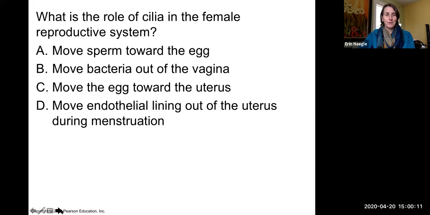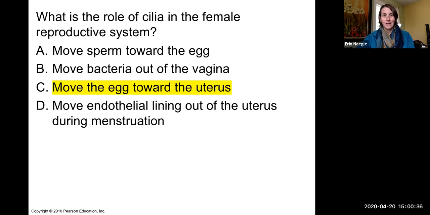Well, let's see what the right answer is. C. So the cilia are moving things in one direction. At least that's what they should be doing. So moving the egg toward the uterus. Just remember the animation we saw, the sperm actually have to swim against that current. So A is not correct. B, there are no cilia lining the vagina. The vagina is lined with stratified squamous epithelium.